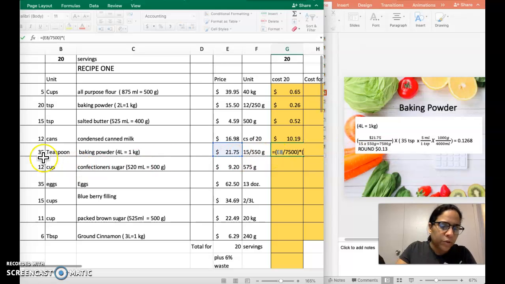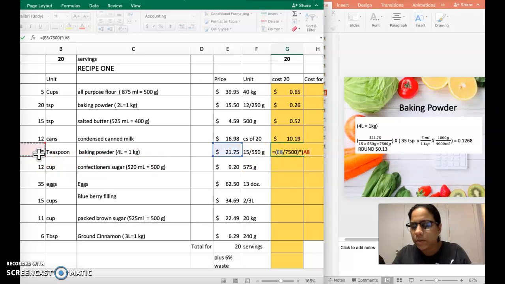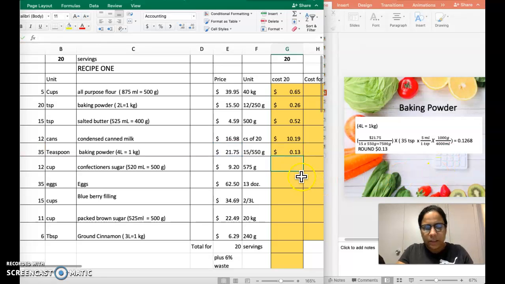The recipe calls for 35 teaspoons times, we know that 1 teaspoon equals 5 mLs, multiplied by, they say that 4 liters equals 1,000 grams, which is 4,000 milliliters equals 1,000 grams, so times 1,000 divided by 4,000. 13 cents.